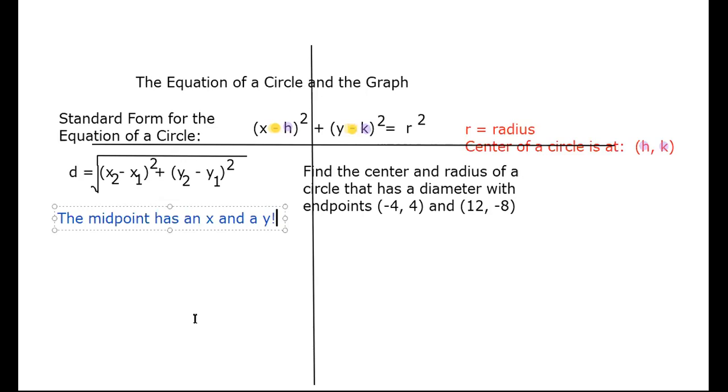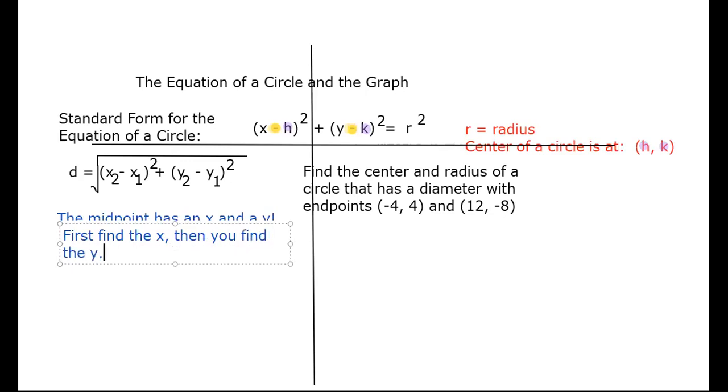Therefore, you have two pieces to this formula. First, you find the X, and then you find the Y. Well, if you just remember that, the midpoint formula is easy. How do you find the middle of something?